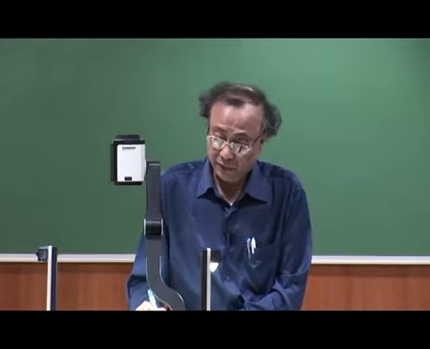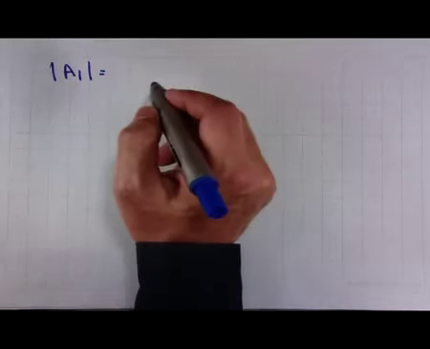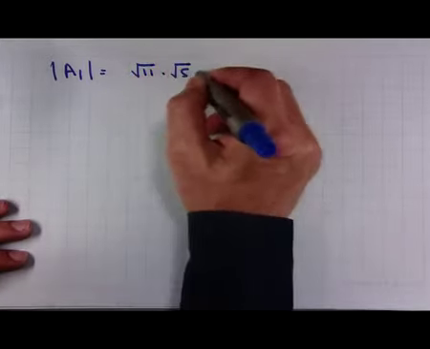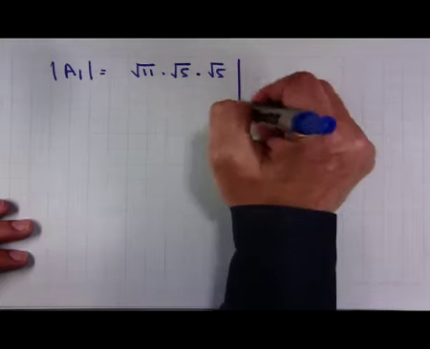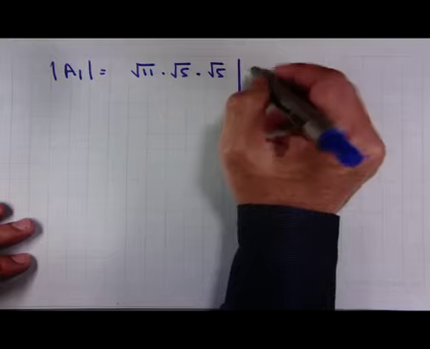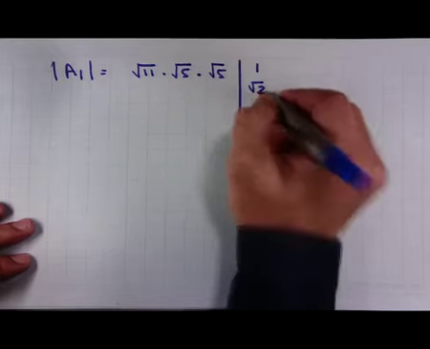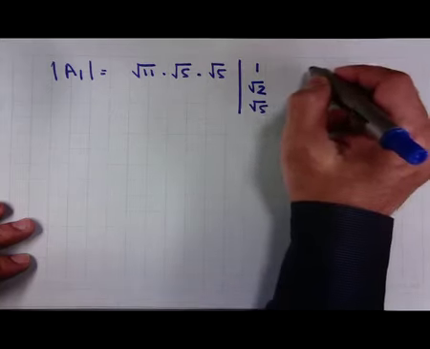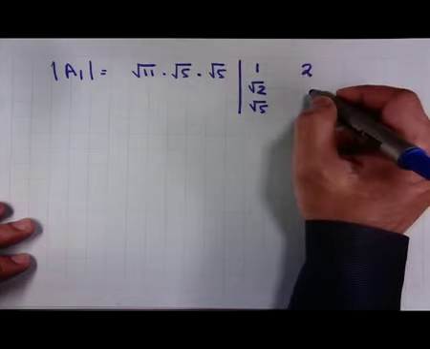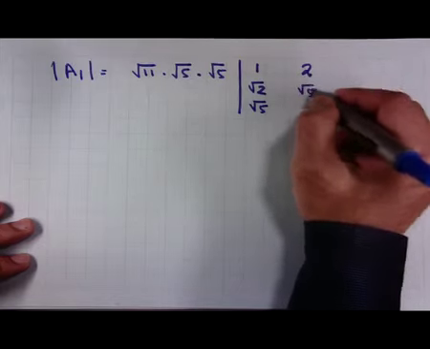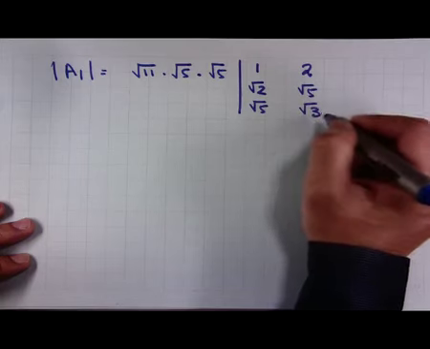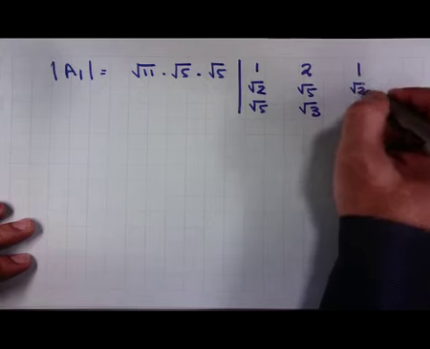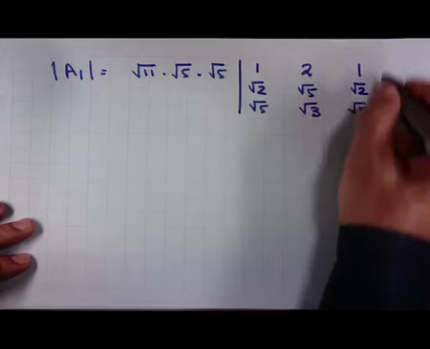Now, determinant of A1 is equal to, after taking out root 11, root 5, root 5, what we are left with is: 1, root 2, root 5; 2, root 5, root 3; and 1, root 2, root 5.